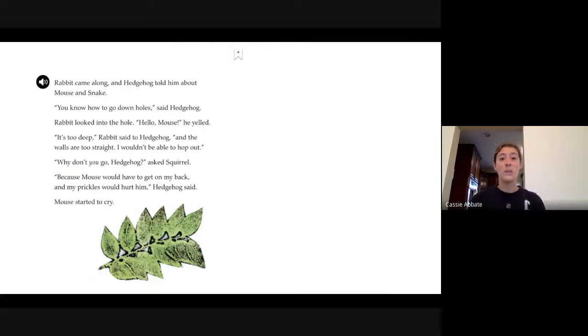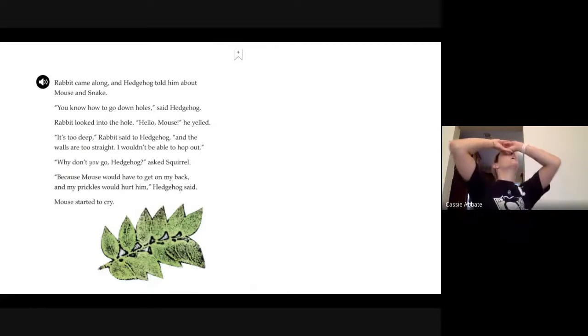Now we're going to be Mouse looking up. After you do this, I want you to visualize what it's like for Mouse to look out of that hole, and what Mouse is feeling right now. So we're going to make that circle again, but now we're going to look up, right?